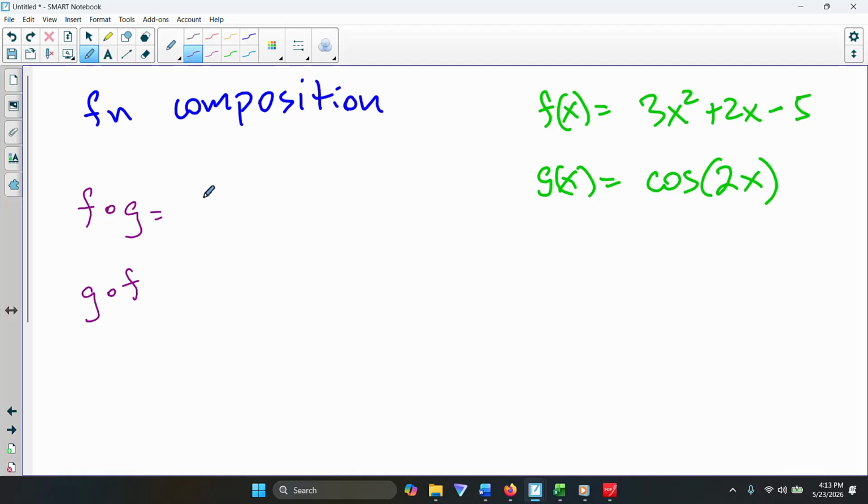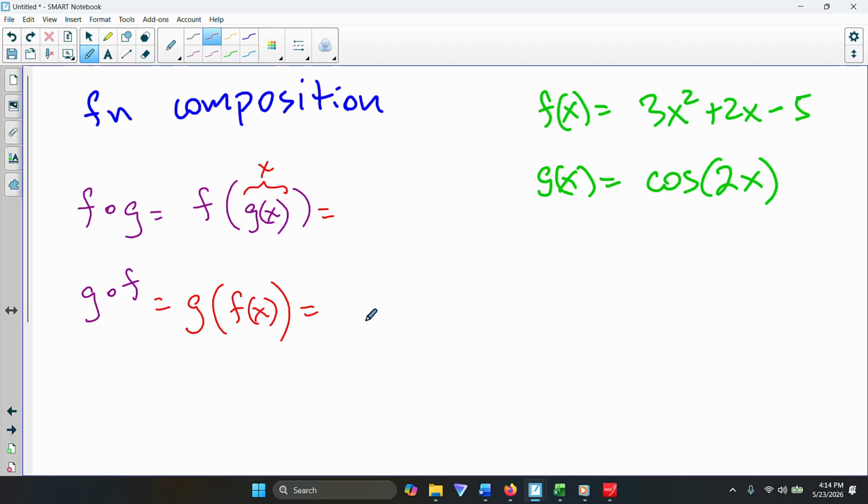But really what it means is, inside the F function, you're plugging in the G function wherever there's a letter X. We'll do both in this case, just to demonstrate. FOG I'll do in a second. And what is GOF? Inside the G function, I'm going to plug in the F function. And the order absolutely matters.